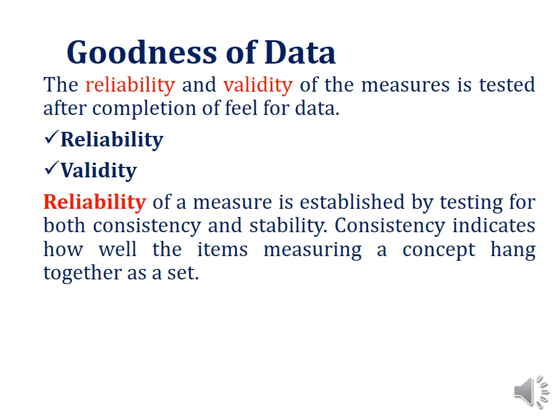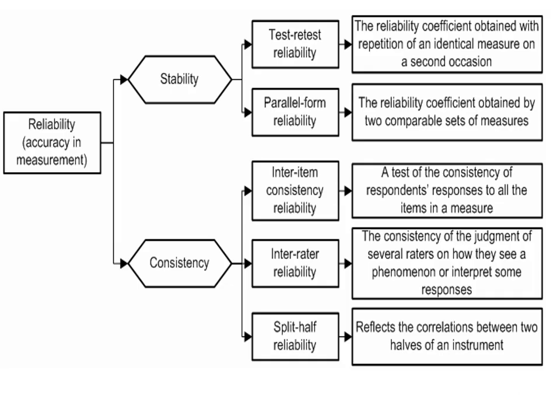Consistency indicates how well the items measuring a concept hang together as a set. Here researchers take reliability tests to gain confidence before doing further statistical measurement. Reliability, the accuracy of the data, we have already discussed in terms of stability and consistency.